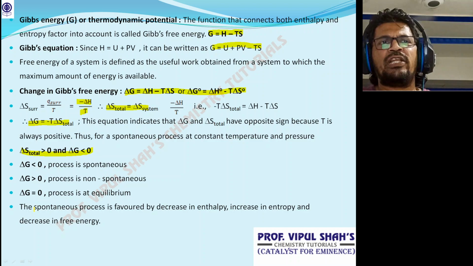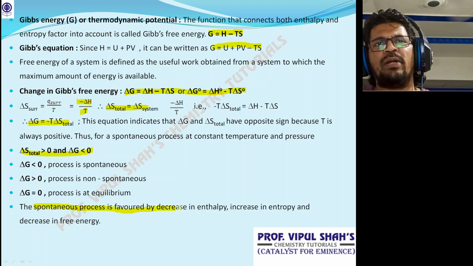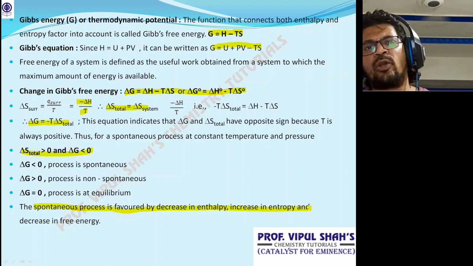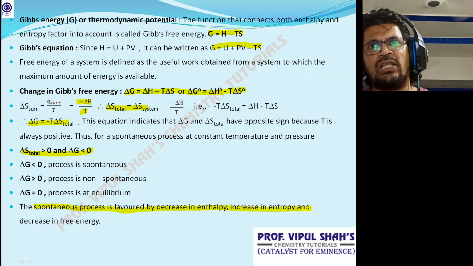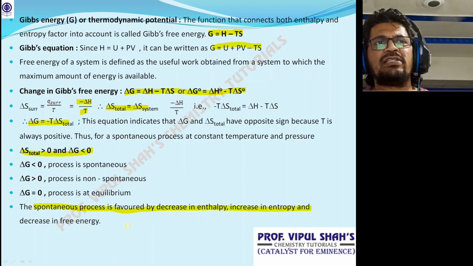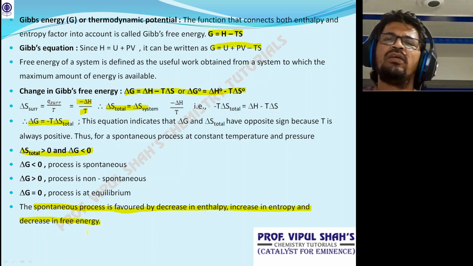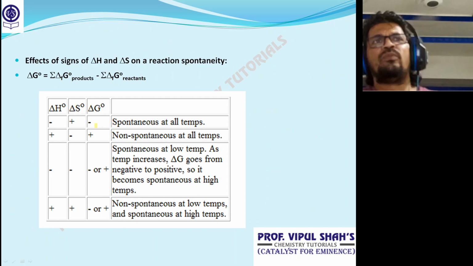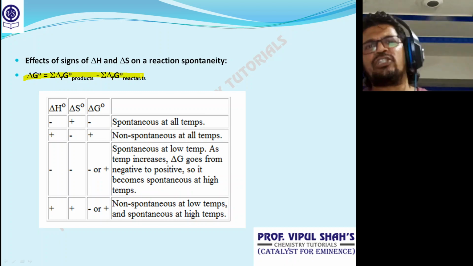A spontaneous process is always favored by a decrease in enthalpy, meaning exothermic, because products are associated with less heat; an increase in entropy, so gaseous products more than gaseous reactants; and a decrease in free energy. When the free energy is lowered, the process becomes more spontaneous. Now there is also a formula to calculate delta G naught, standard. Delta G will be delta G of formation of the products minus delta G of the reactants.